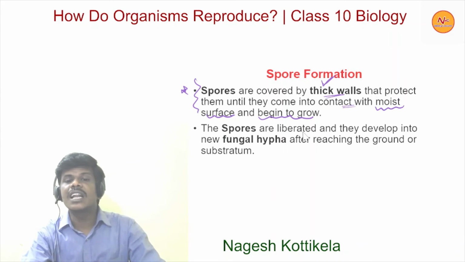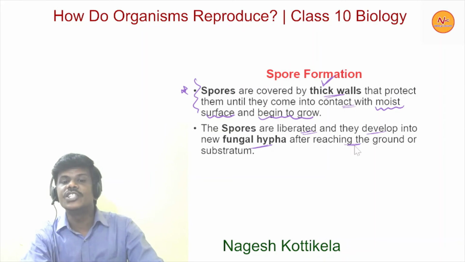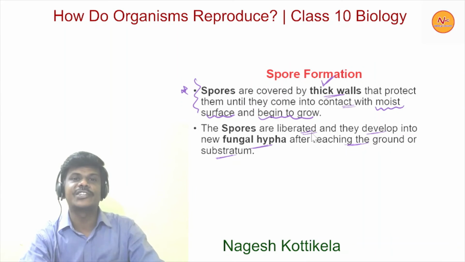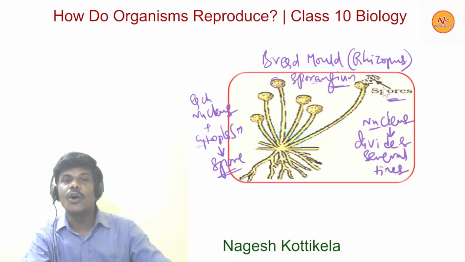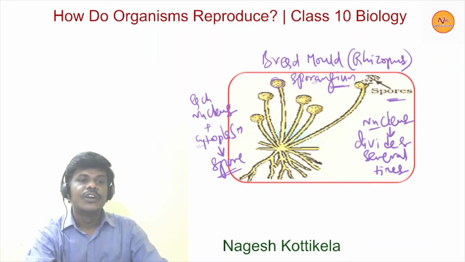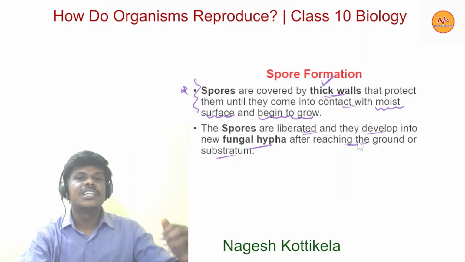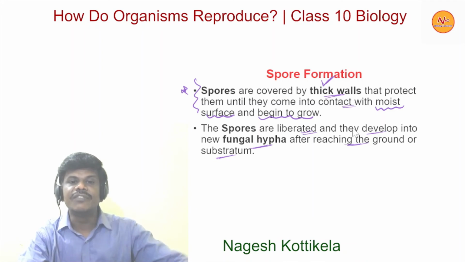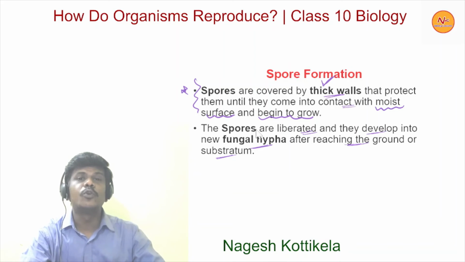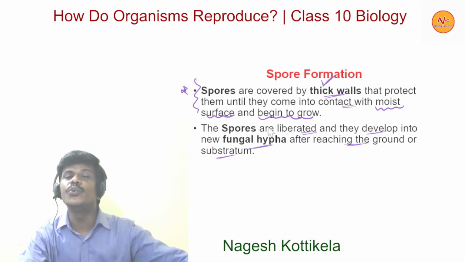The spores are liberated and they develop into fungal hyphae after reaching the ground or substratum. The spores are released and are dispersive in nature. When they fall on a moist surface, they develop into new fungal hyphae. This is how spore formation results in the formation of new individuals.